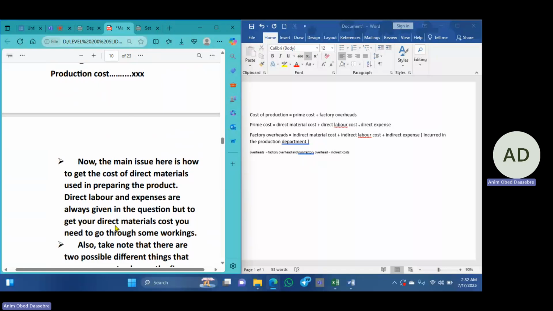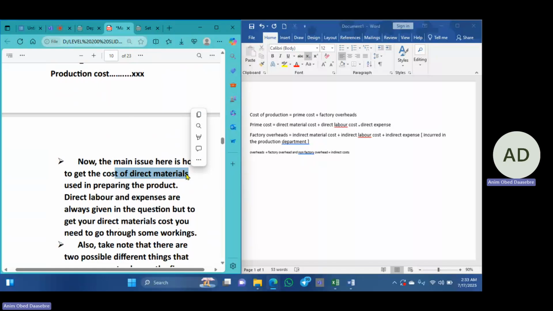Now, the main issue here is to find the cost of direct material used in preparing the item. So in a manufacturing account, usually the cost of direct material will not be given to you in the question. You need to work on it.